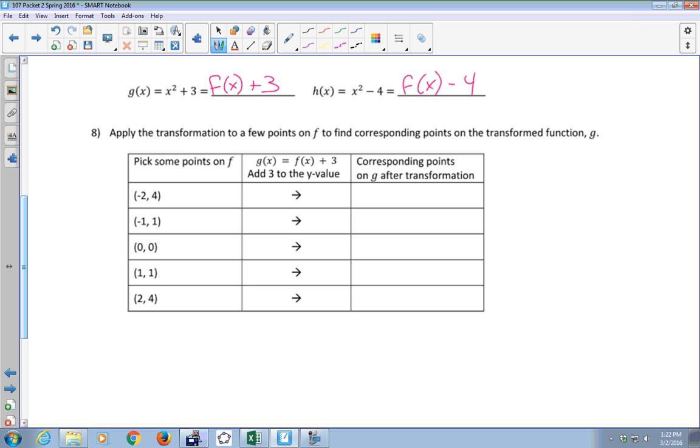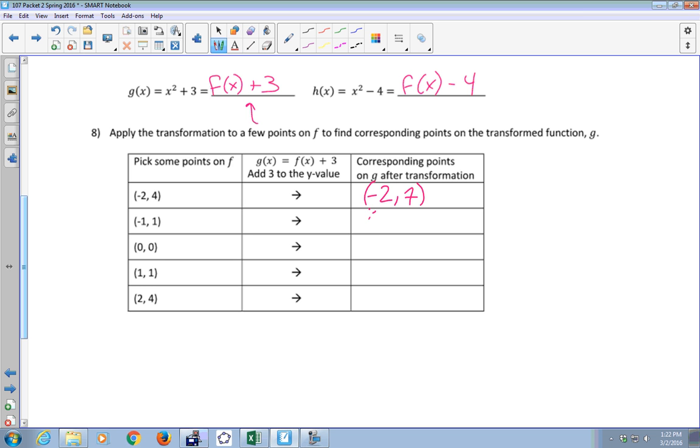All right, so that means that if I want to write down some points on g, I need some points on f, and I can figure out the corresponding points on g. Right, so negative 2, 4 was a point on f. Corresponding point on g, just have to add 3 to the y value according to this rule right here. Add 3 to the y value. So that becomes negative 2, 7.